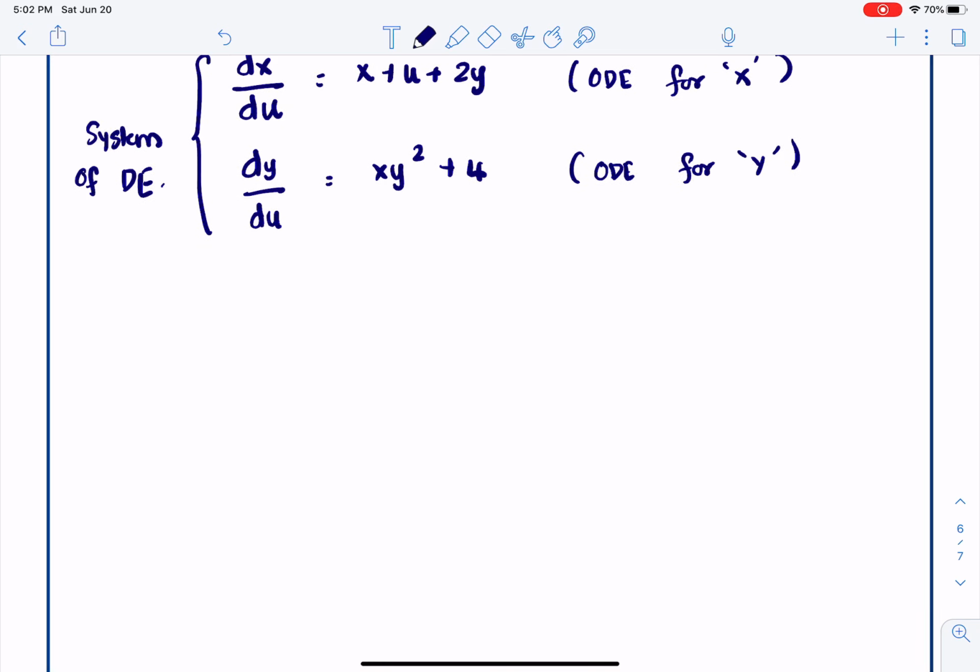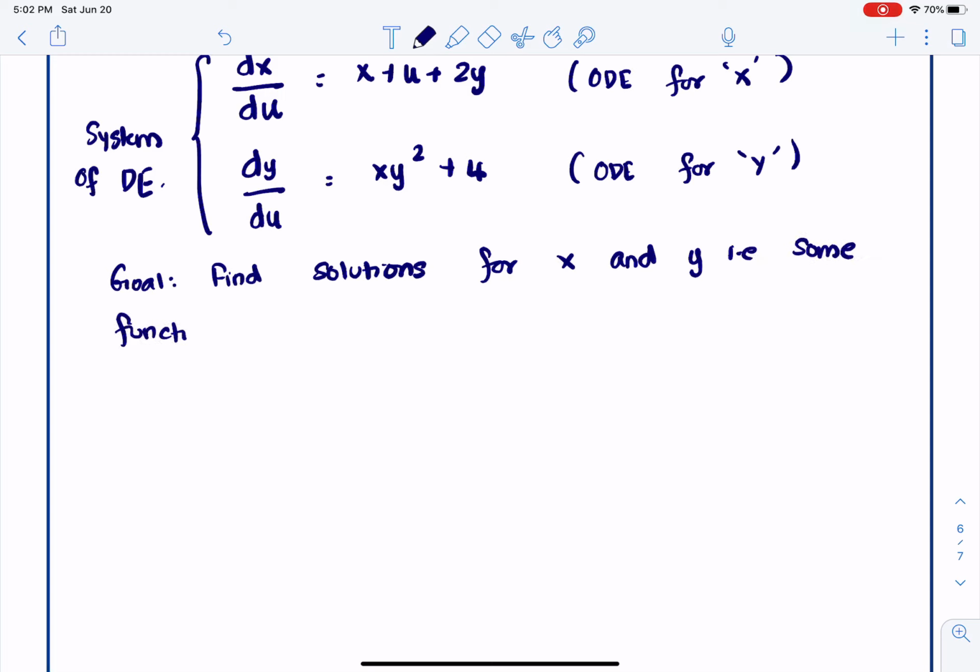So the goal here is to find solutions for x and y, i.e. some function of u, so that it satisfies both DEs.